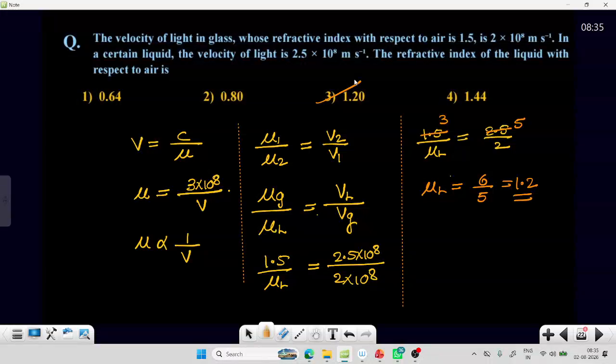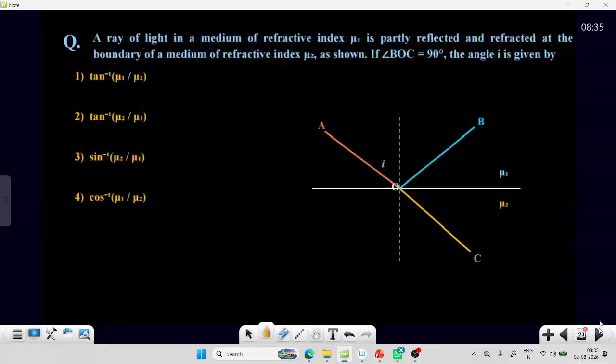Yes, sir. Next one. A ray of light in a medium of refractive index mu1 is partially reflected and refracted at the boundary of the medium of refractive index mu2 as shown.